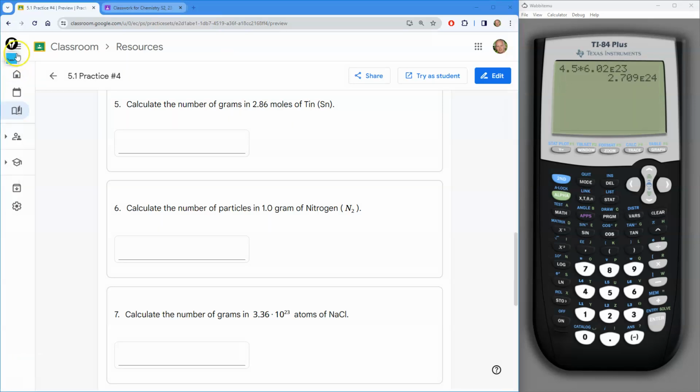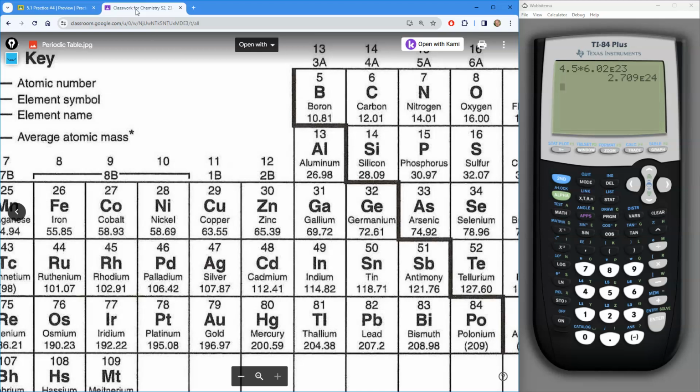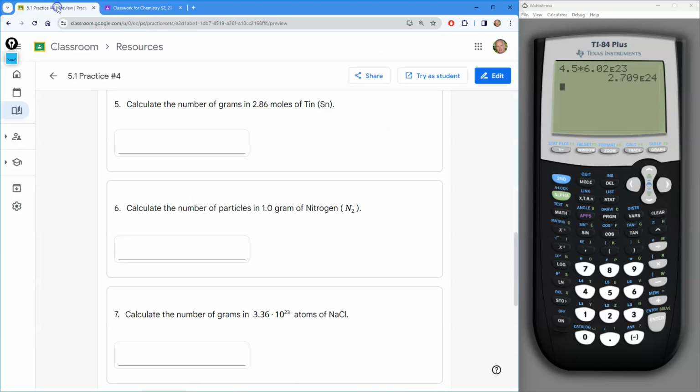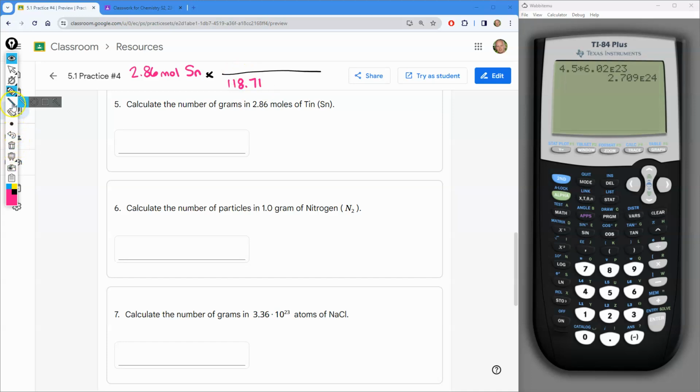We're going to need our molar mass, though. So tin, Sn, is 118.71. Oops. Ugh, rookie mistake. Look at this. These are moles. This should be moles. Let's go fix that really quick.